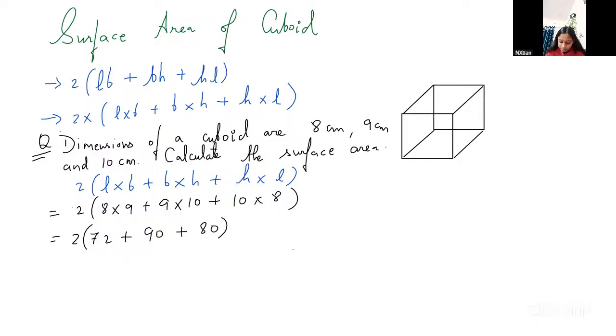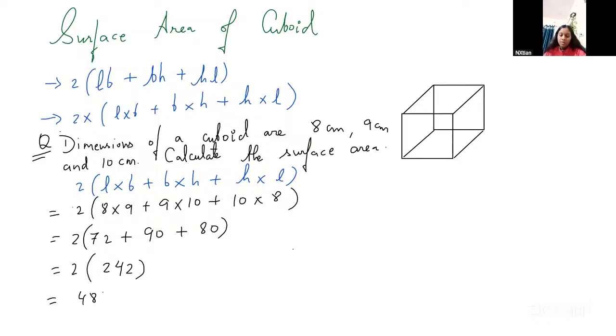Add them. First, add 90 and 80: 170 plus 72, 242. Multiply 242 with 2. We will get how much? 484.